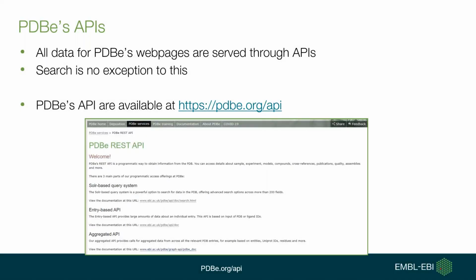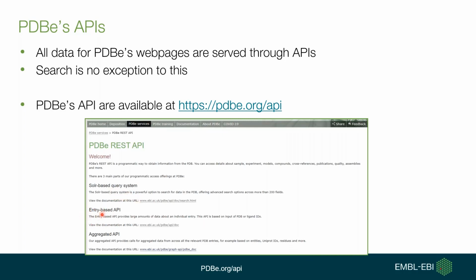In common with all of PDBe's web pages, all of our data is served through APIs, and they are directly accessible for the public to use. And search is no exception to this. The landing page for our APIs, pdbe.org/API, lists the three API types that we have, each of which contains multiple calls and multiple things you can do. The first one, which I mentioned, is the Solr-based query system.